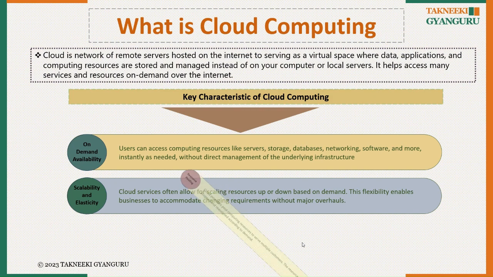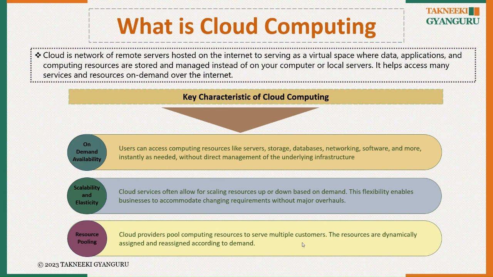Next one is resource pooling. Cloud providers pool computing resources to serve multiple customers. The resources are dynamically assigned and reassigned according to demand. It means they can share the resources among multiple customers.